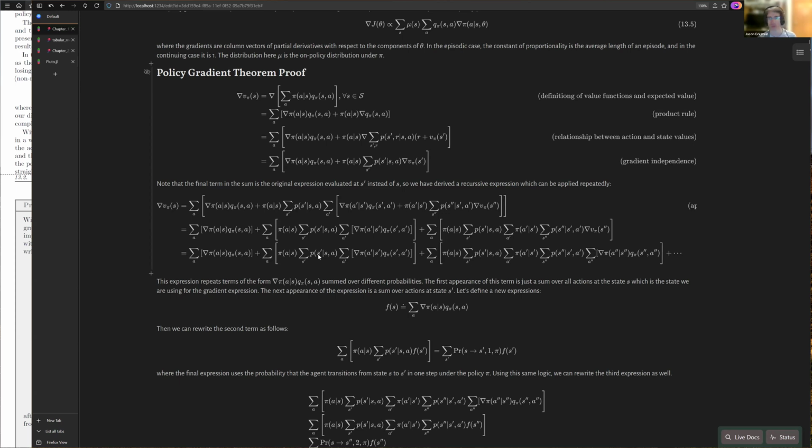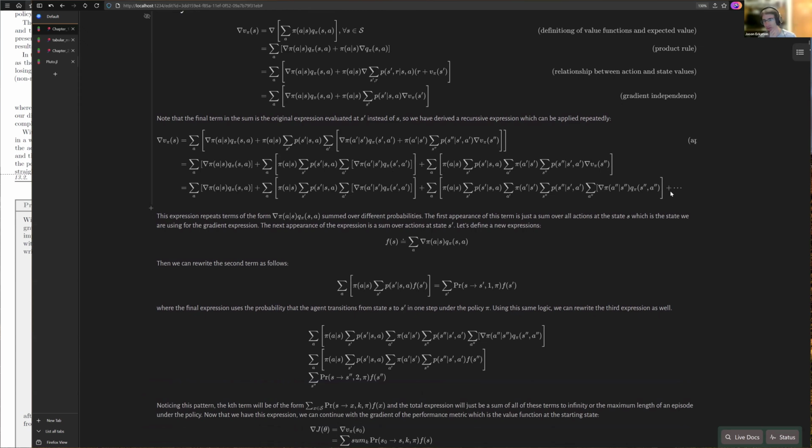And here, after one step of that, we then multiplied it by this expression in terms of the gradient of the policy. Here, we just extended an extra step. Right here, we have now another sum over the policy at the actions and another sum over the states, where I have to increase the index again to S double prime. And this process can just be expanded indefinitely.